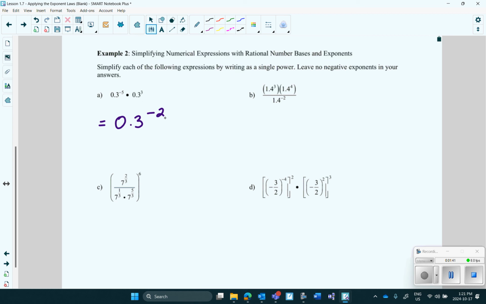Which means we add the exponents. You multiply the exponents when you're raising one power to another power. How do I write this without a negative exponent? You write it like that, or if your answer looked like this, that's correct too.